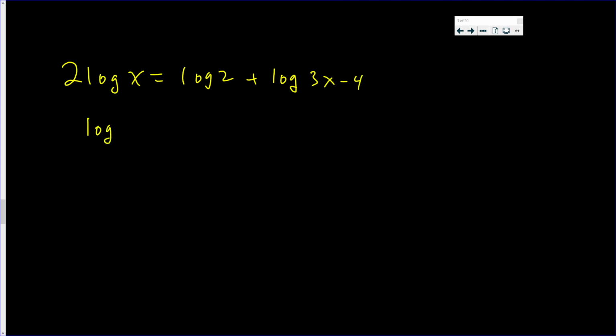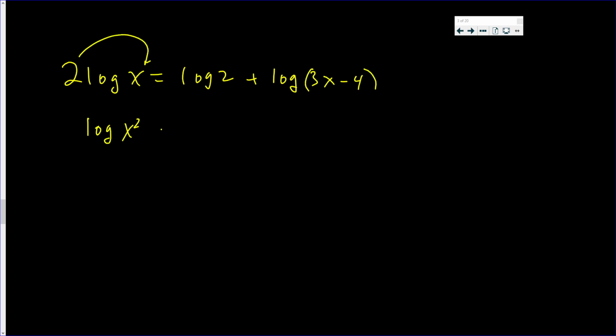Let's suppose you have 2 log x is equal to log 2 plus log of 3x minus 4. Well, the left side is log of x squared, because the 2 can come up as the power.